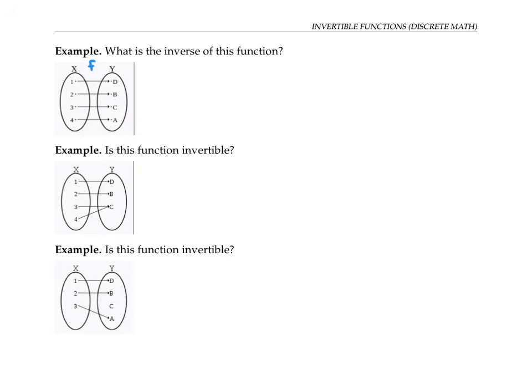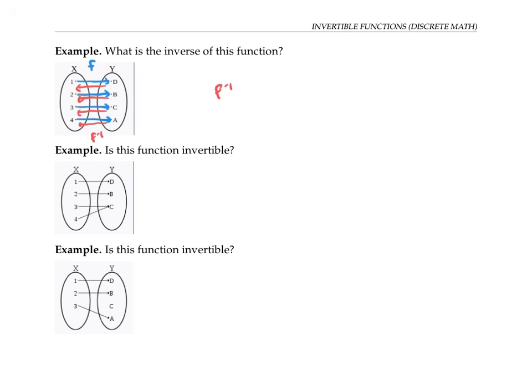Let's call this function f. It takes the numbers from 1 to 4 to the letters A, B, C, and D, according to these rules. If I want to do the inverse, f inverse, I have to go backwards and undo all of f's work. So f inverse would take A to 4, C to 3, B to 2, and D to 1.